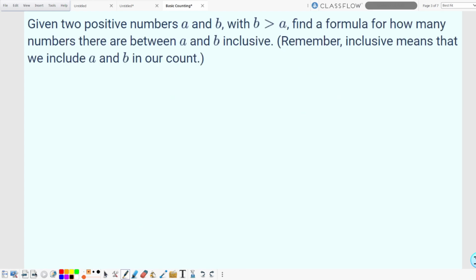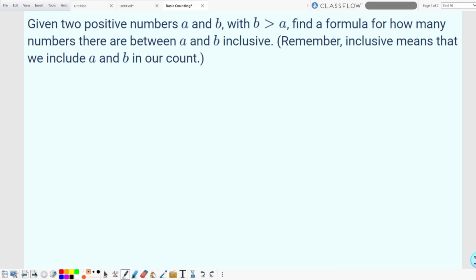If you have any two numbers, A and B, where B is greater than A, can we create a formula for determining how many numbers there are between A and B inclusive? We're including A and B in that count. So basically A is the smaller number, B is some bigger number. How many numbers are between the two? Is there a general way to find this out?